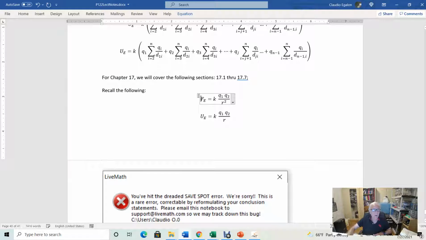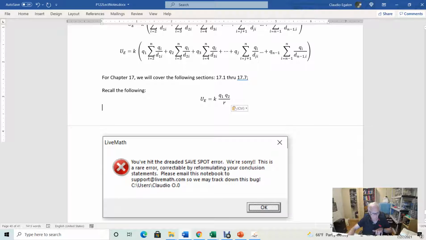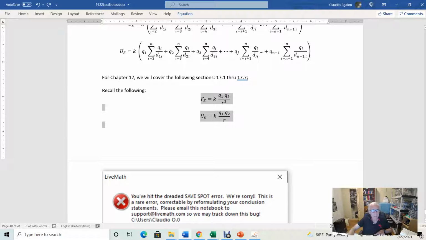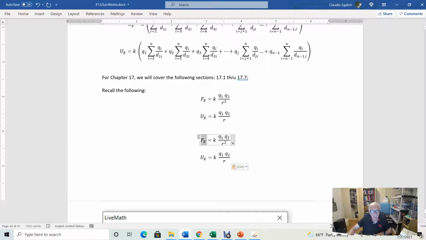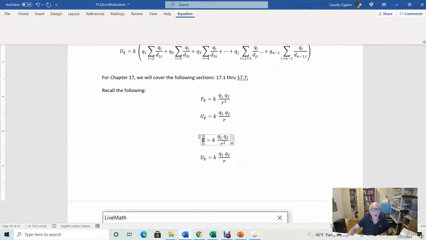So what can we say about the electric potential? Okay, for the electric potential, what we end up having is what? I'm going to put it this way.